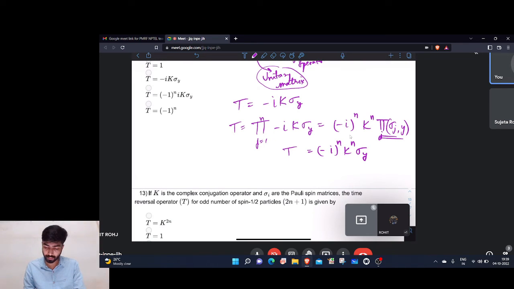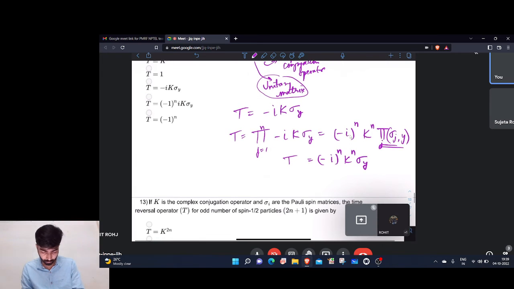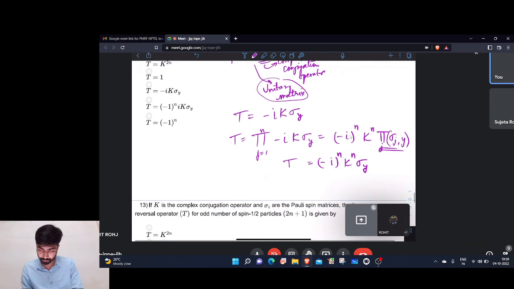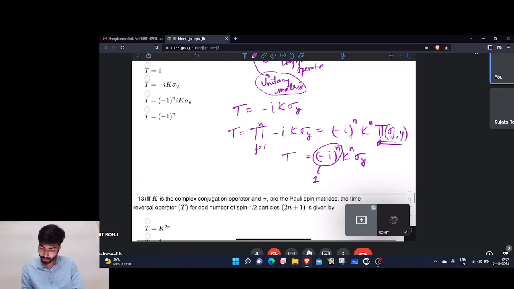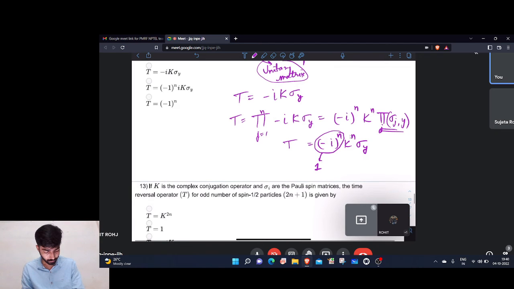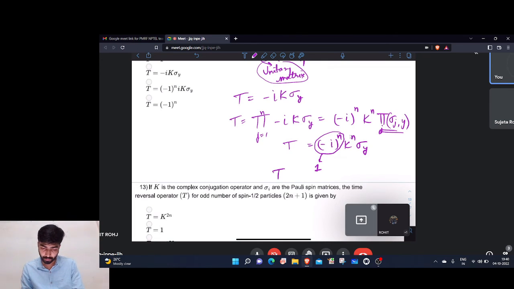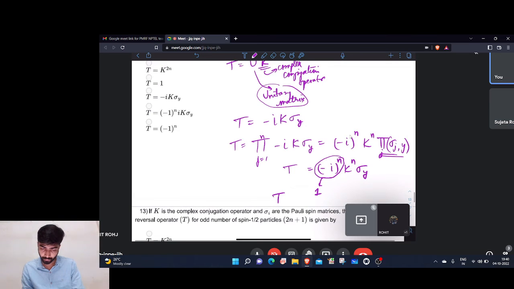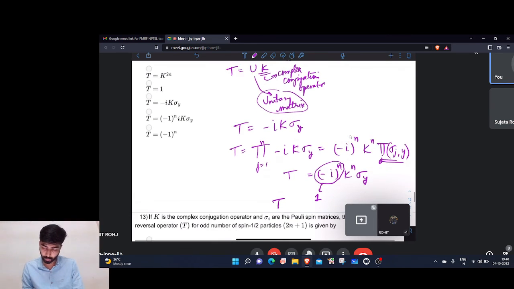Now if one considers n to be even, then for sure i raised to the power n goes to 1 because n is even, a multiple of 2, and T, the time reversal operator, remains K raised to power 2n.